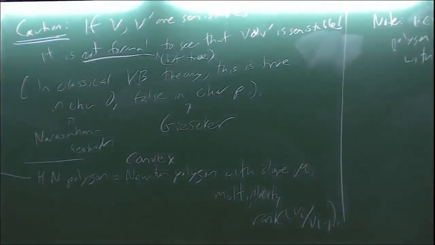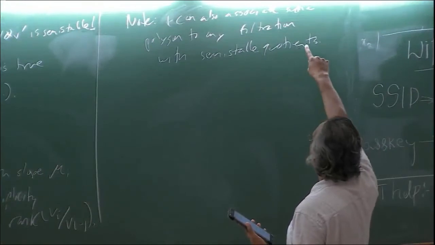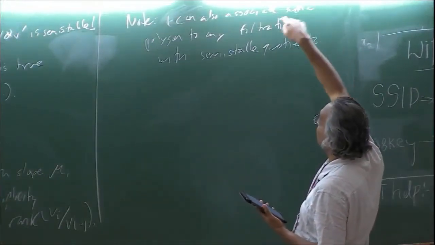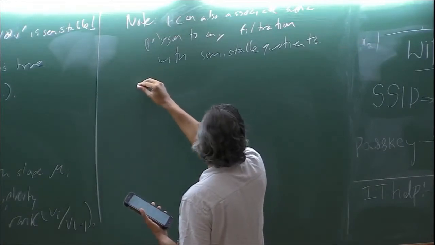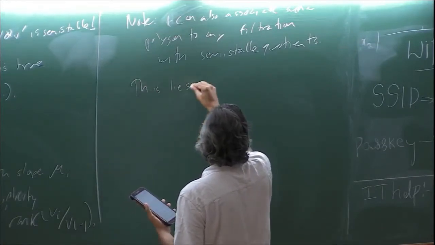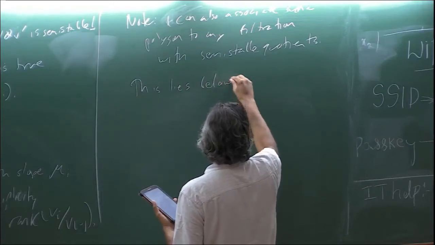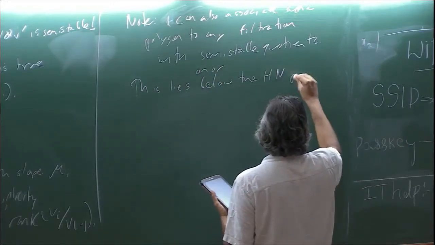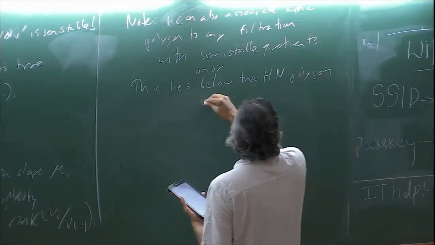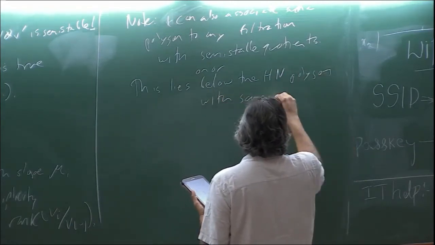In my Arizona notes, for some reason I had to use concave Newton polygons, but I think in the other lectures we've been using convex Newton polygons. They curve up. So if I define a polygon with respect to some other filtration, then this lies on or below the canonical one with the same endpoints.